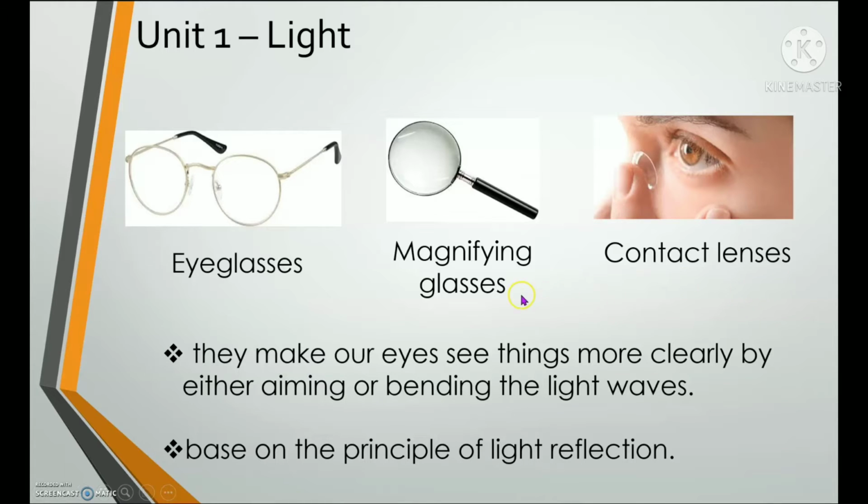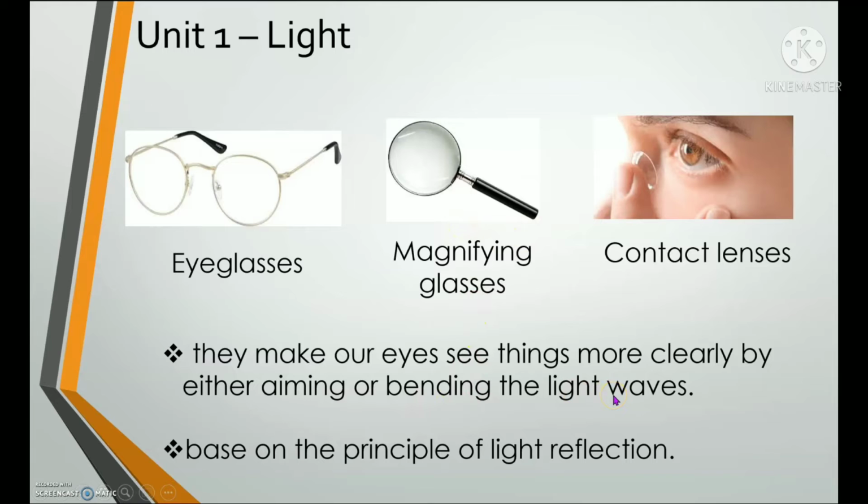So we are still following the rule about the light. So it says that these things, the transparent materials, help our eyes see things more clearly by aiming or bending the light waves. So we know that when the light travels through these materials, the light is bending.